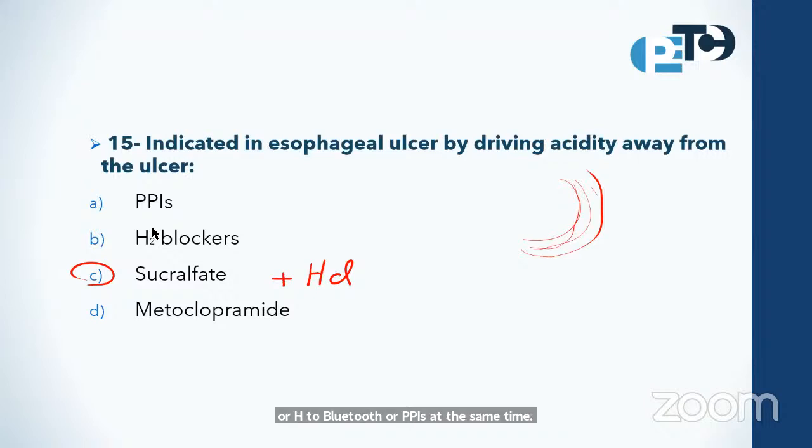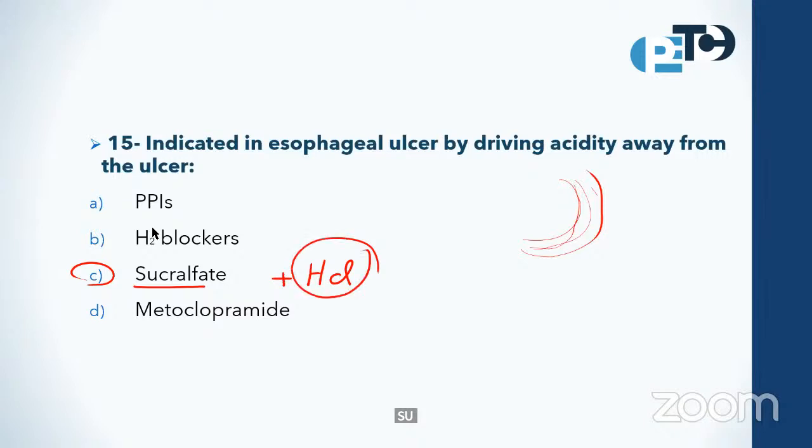They will reduce the acidity, they will reduce the HCl. Sucralfate acts only when there is HCl. It needs HCl to work. And if there is no HCl or a little HCl, it will not work. Okay?